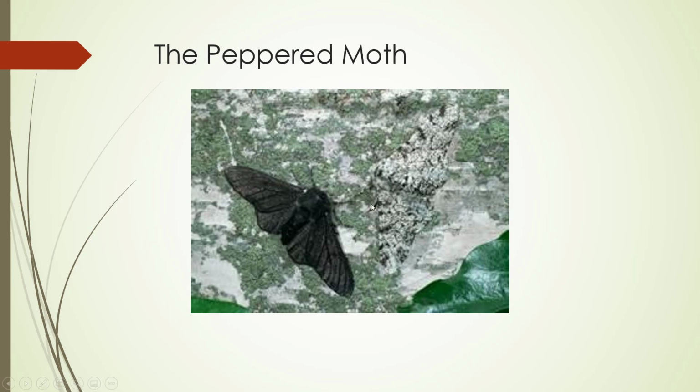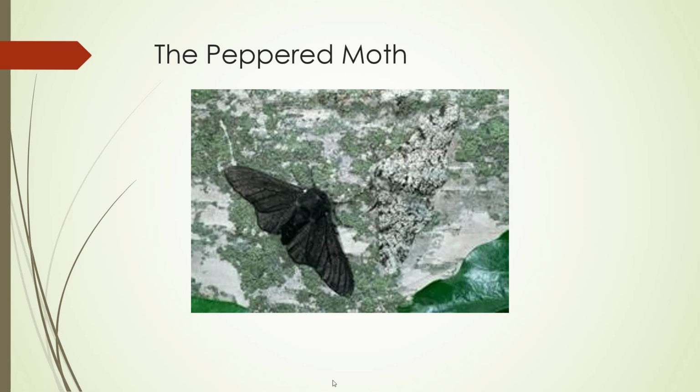Because of the lichen on the tree, you can imagine that this light peppered moth did really well hiding. Whenever a black moth happened to be born, he didn't do so hot. He's kind of like, I'm out and exposed. This one would get eaten very regularly, meaning that the majority of the moths that survive to reproduce are going to be this lighter, peppered variety.